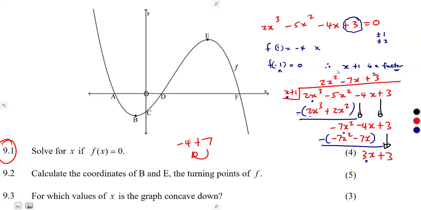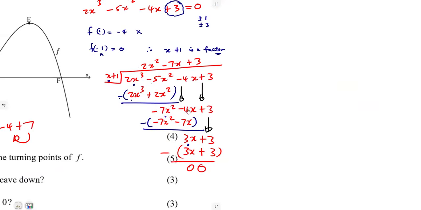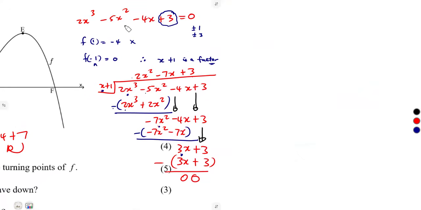Then you multiply by 3 each and every term in x plus 1. So that's 3 times x plus 1, which is 3x plus 3. Subtract here, you're going to obtain a 0. So that's our f of x being factorized.